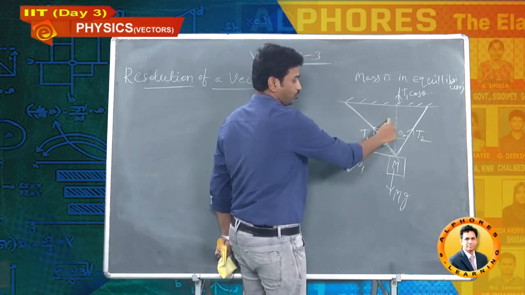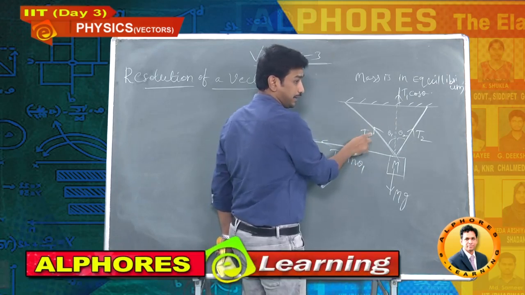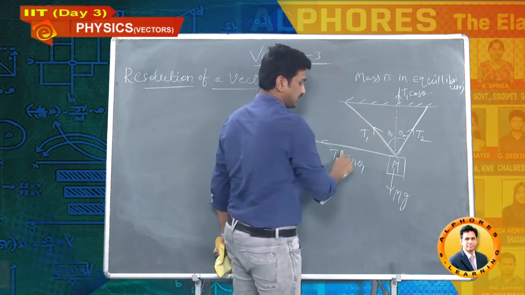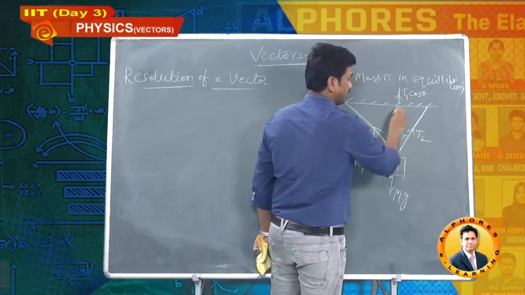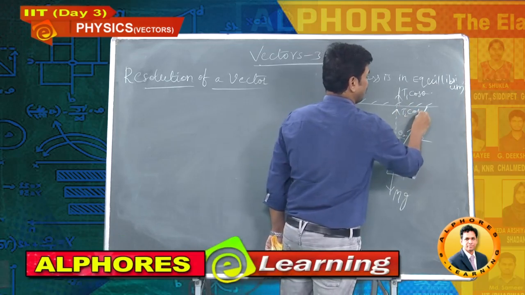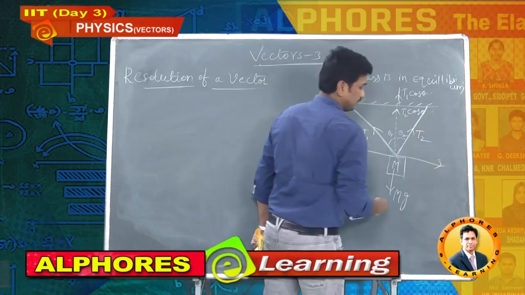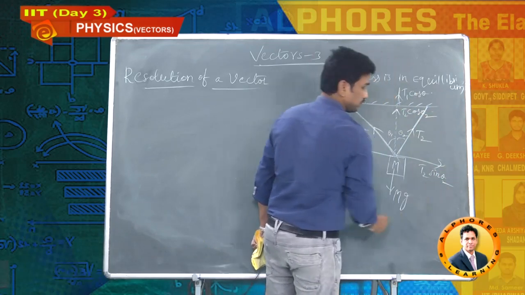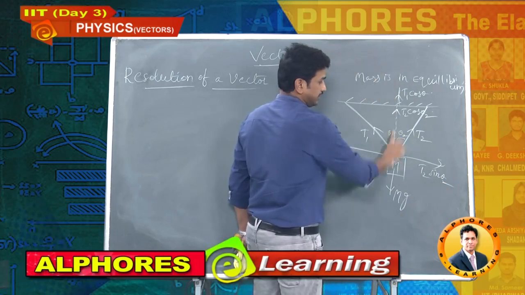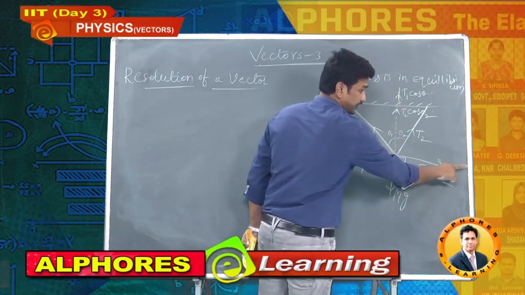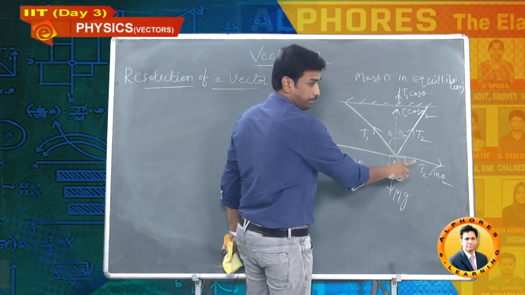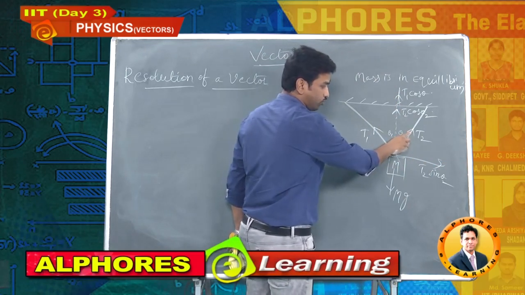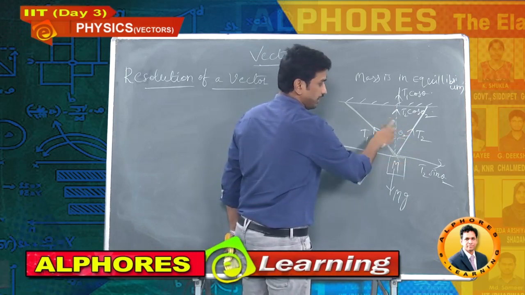Components are two sides and the vector is between the two components. T1, this is T1 cos theta, this is T1 sin theta. Similarly, T2, this side, T2 cos theta 2. This side, T2 sin theta 2. See here, theta touching T2 cos theta 2. Next one, T2 sin theta 2. Simple, it's not that much difficult. Only the point, here vector going away, components also going away.